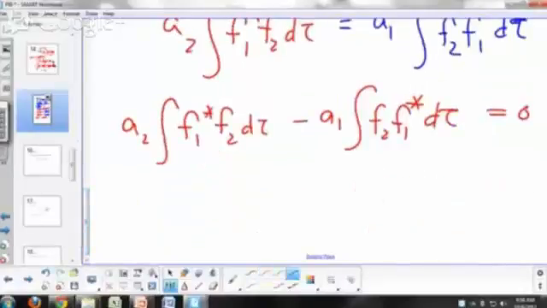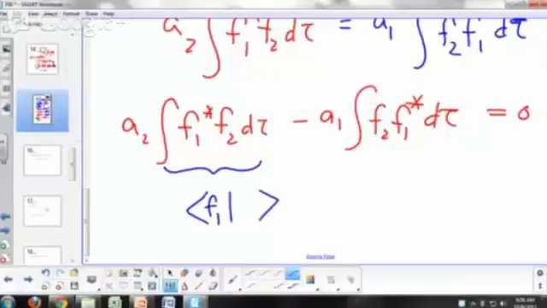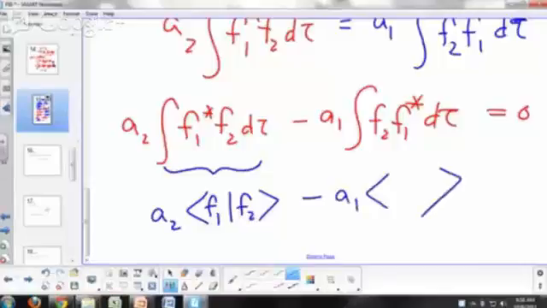Let's put this in bracket notation to make it easier to see. This is going to be what goes in the bra. f1 in the bra, f2 in the ket. So that's a2 bracket f1, f2 minus a1. Let's put this in a bracket. Which one of these is starred? That's the one that goes in the bra, right? You can think of it this way: f2 f1 star, that's the same thing as f1 star f2, right?